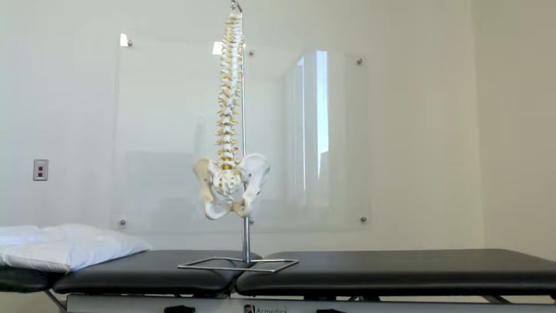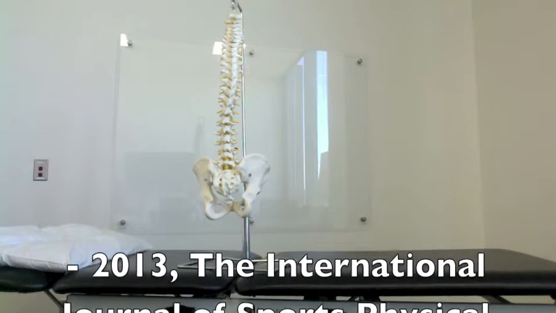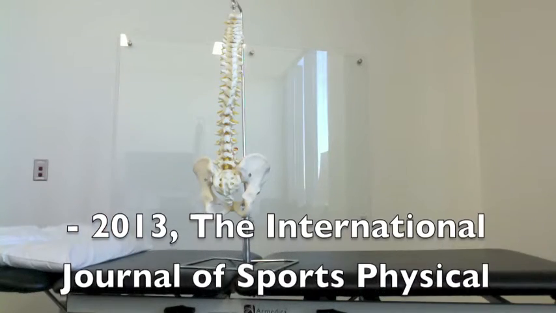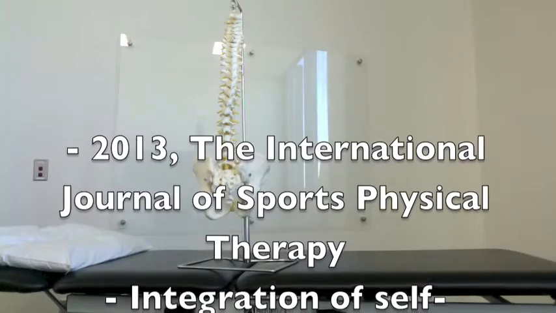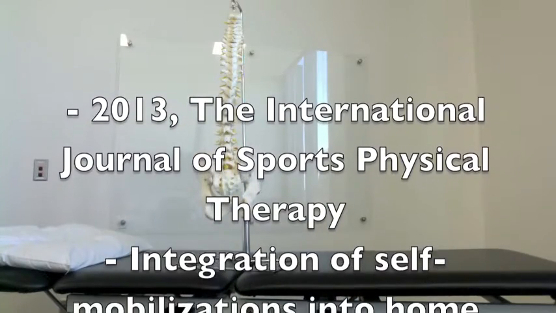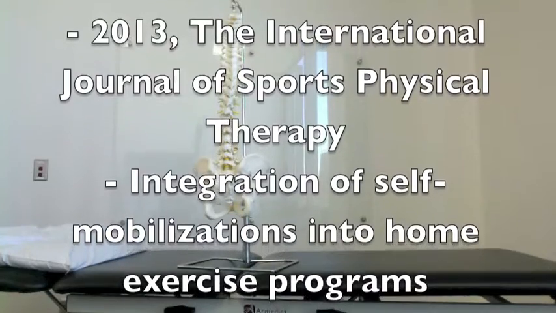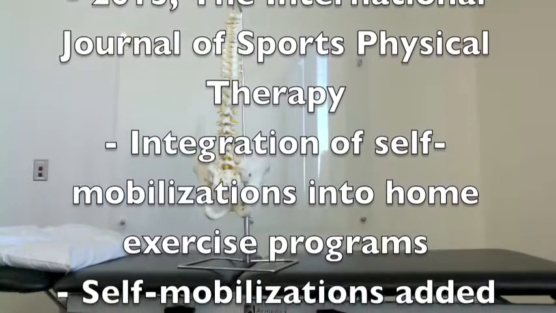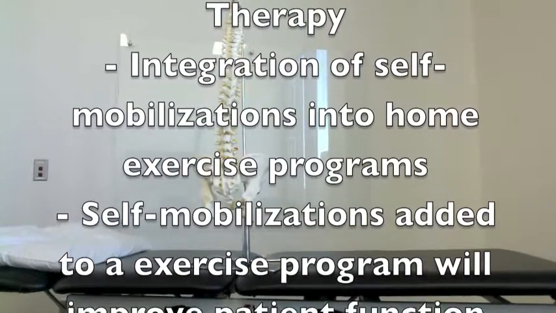A study in 2013 in the International Journal of Sports Physical Therapy has established that restricted hip mobility has a correlation with pathologies associated with the hip, lumbar, and lower extremities, which can lead to greater issues in the kinetic chain. Integrating self-mobilization into home exercise programs with strengthening exercises found optimal improvements.